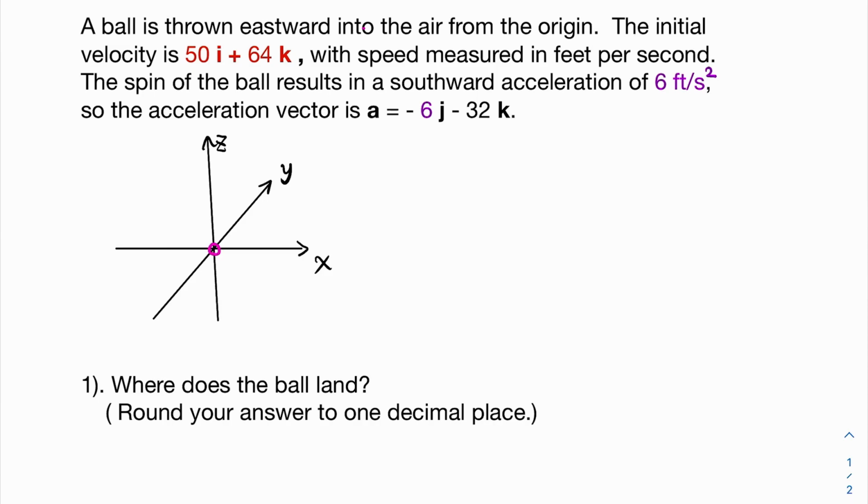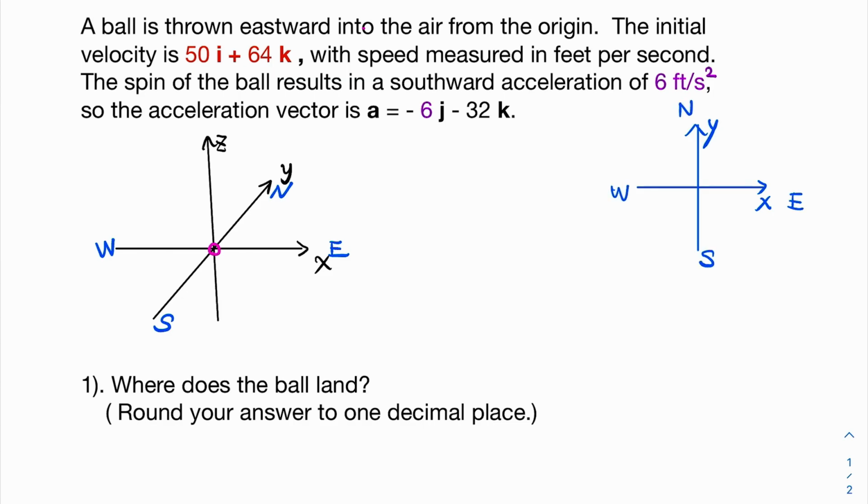I'm going to throw it eastward. The way that we define the direction here is this is going to be east and west, and this will be north and this will be south. So on the xy plane, this is east, west, and then north and south.